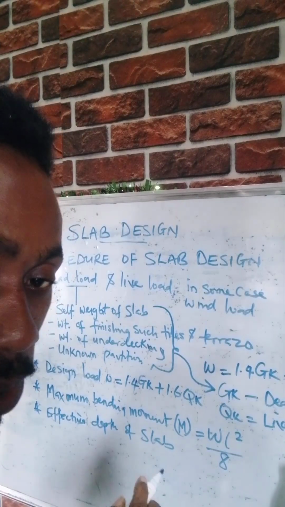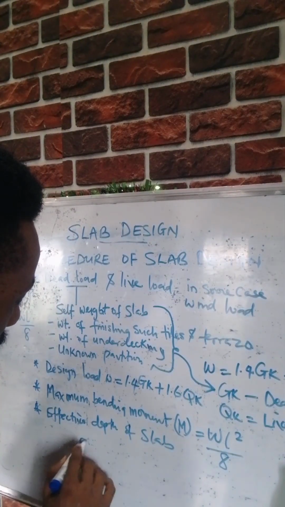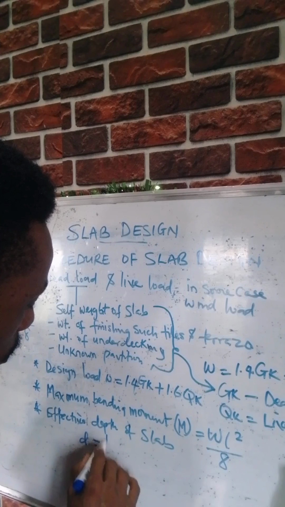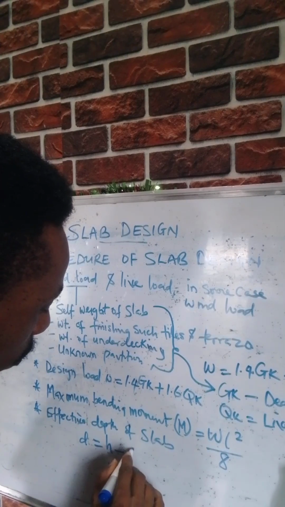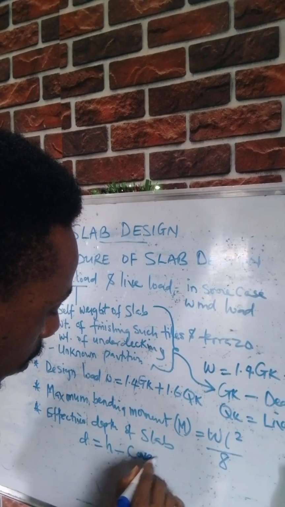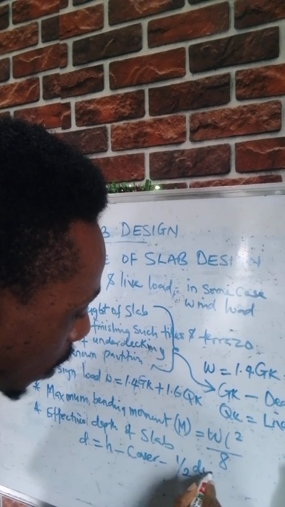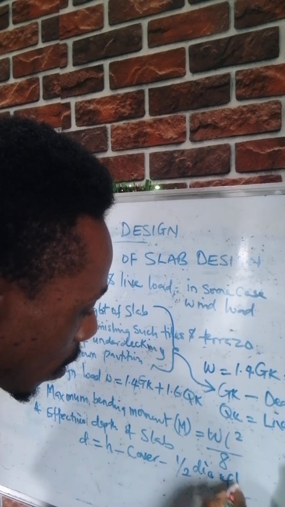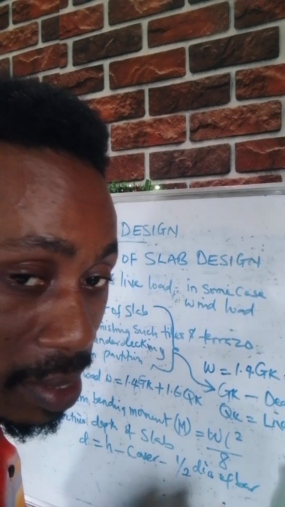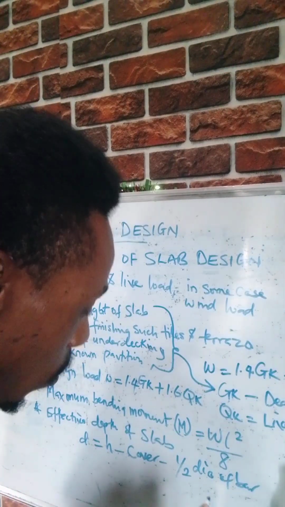Now, how do you calculate for effective depth? Effective depth is D equal to your H minus cover minus 1 over 2 diameter of bar. Okay, the bar here is the reinforcement to be used.